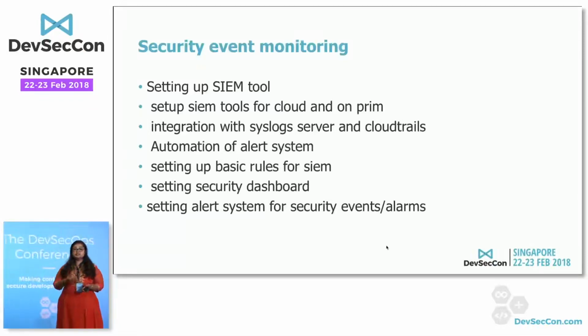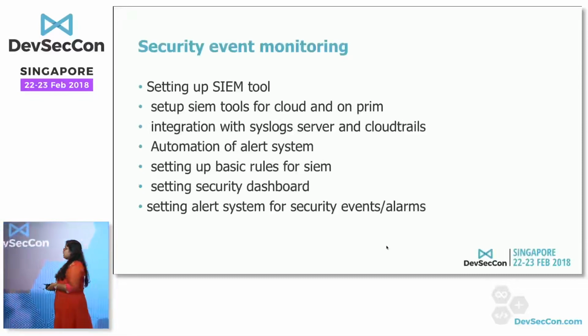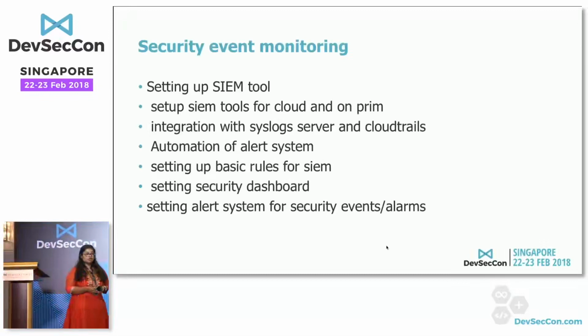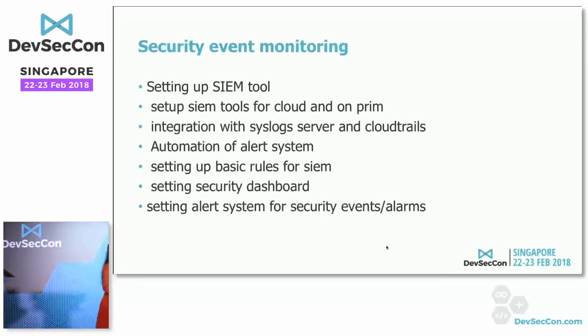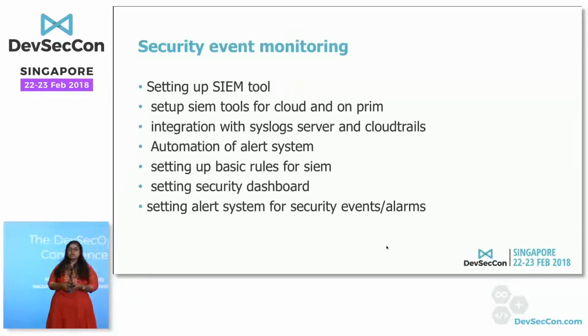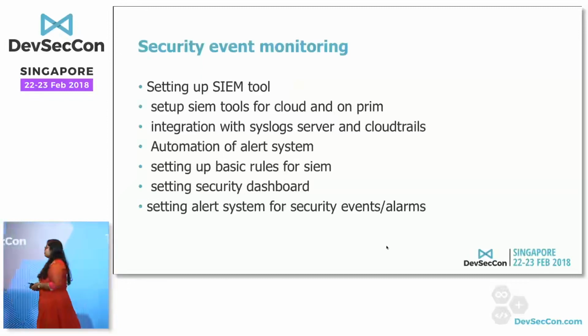One day it increases twice or thrice. Then definitely it is an anomaly and you need to get reported about that. Or one day you see a specific outbound communication going from your network to a specific IP. Then definitely there is malicious activity and you need to get alerted about it. So we have implemented a couple of checks like that for anomaly detection.